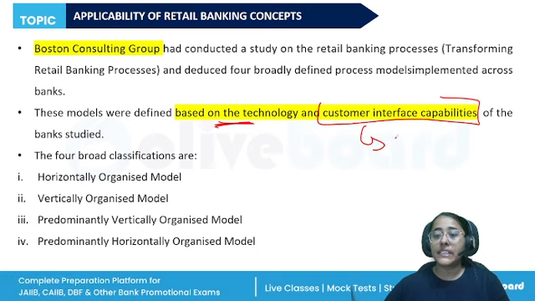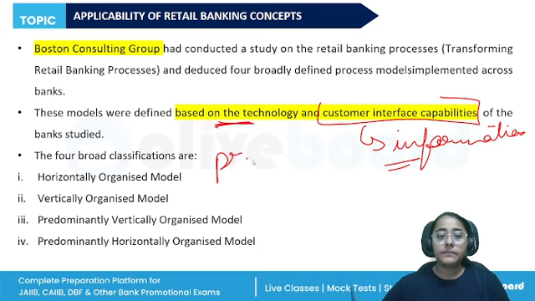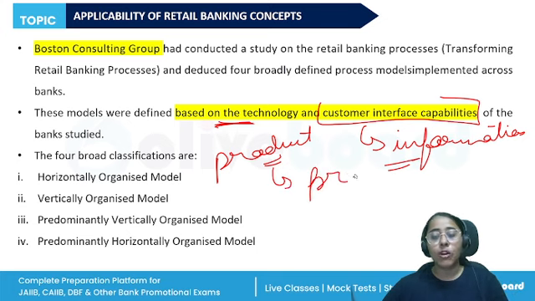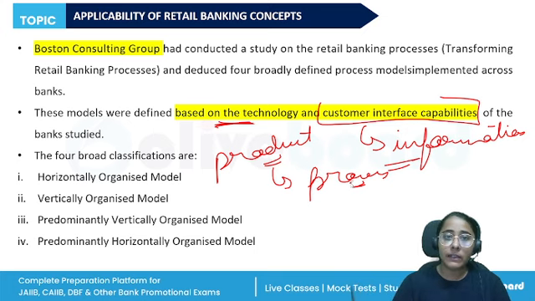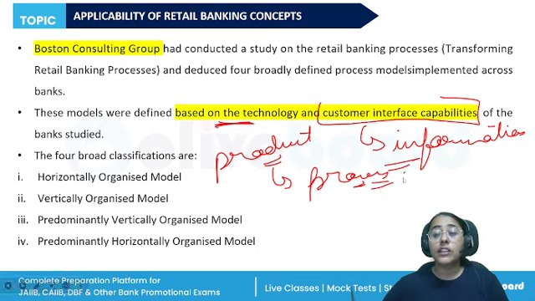Customer interface means customer information sharing. So you will come across two things. First, for the product that is offered, is a separate process model, a separate creation, delivery and reach-out followed for each product, or do we use a common process?